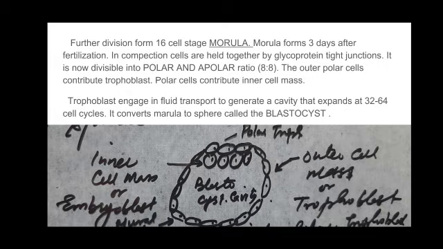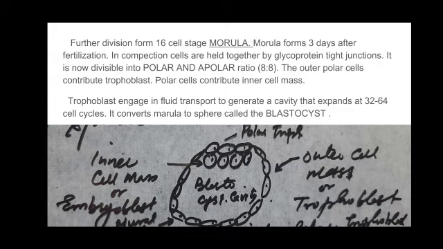The outer polar cells contribute to the trophoblasts. They are arranged in the form of a ring, while the apolar cells that get together in a group contribute to the inner cell mass.